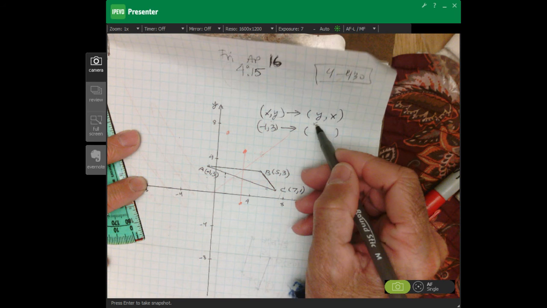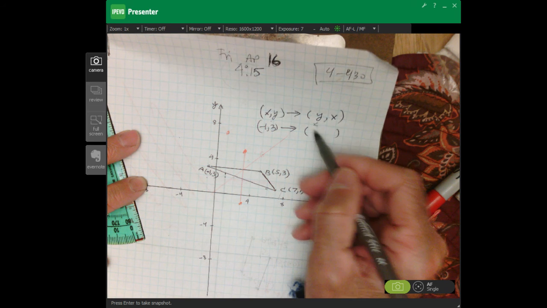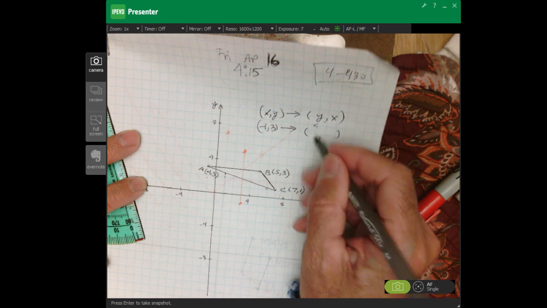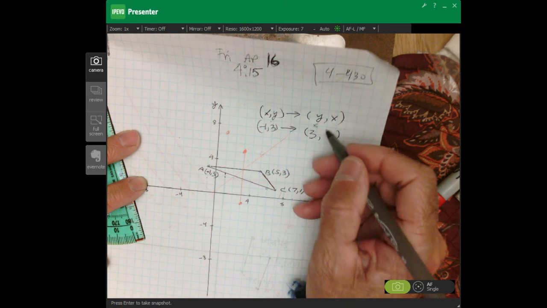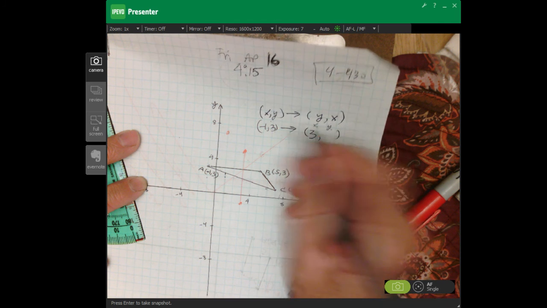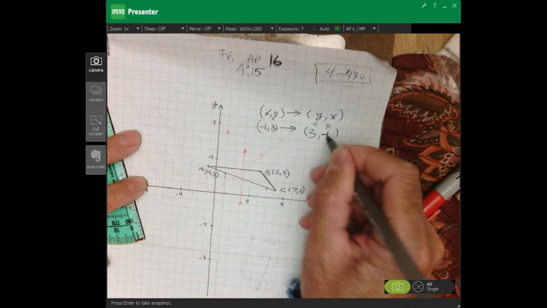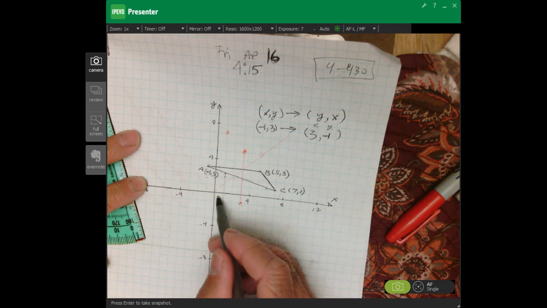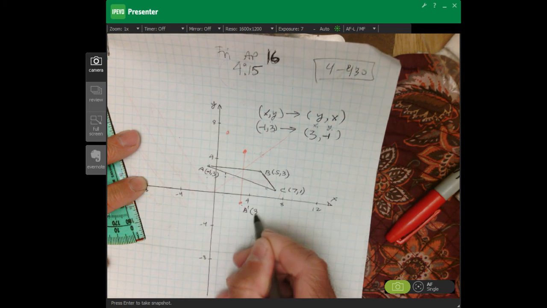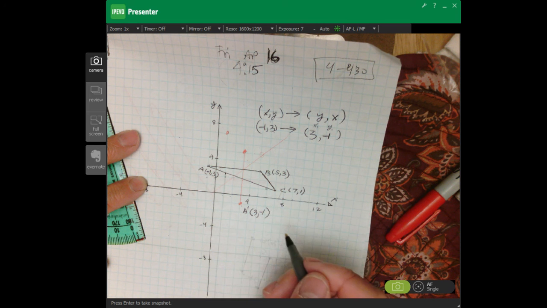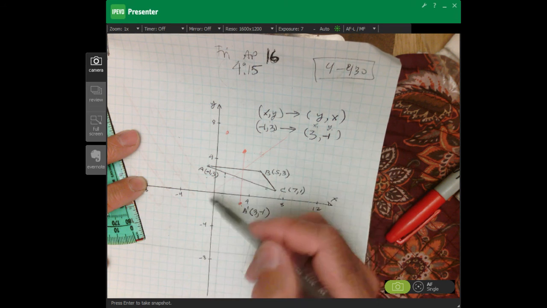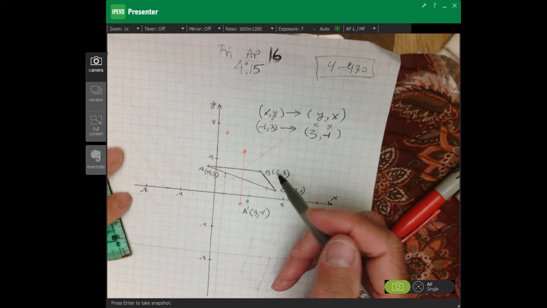In the x location, the new x coordinate will be the old y value. So that will be 3. The new y value will be the old x. That's going to be -1. That's the value right here. Okay. So that's how you find the reflection across the line y equals x.